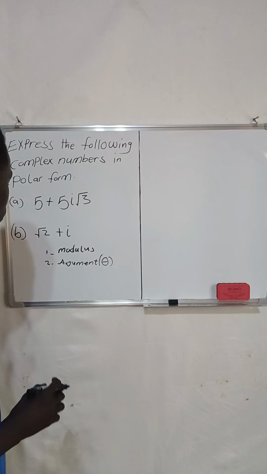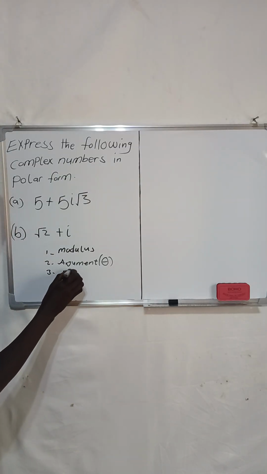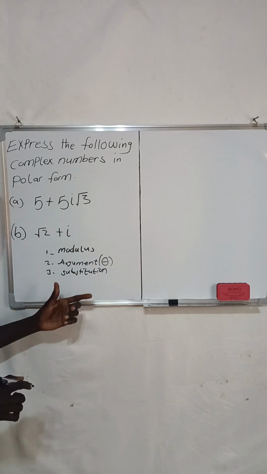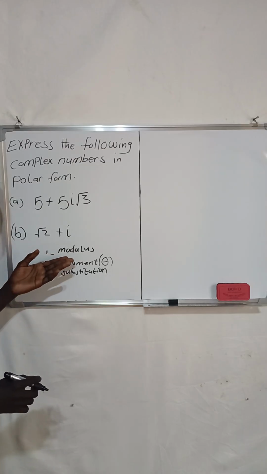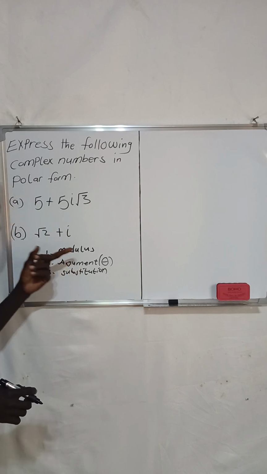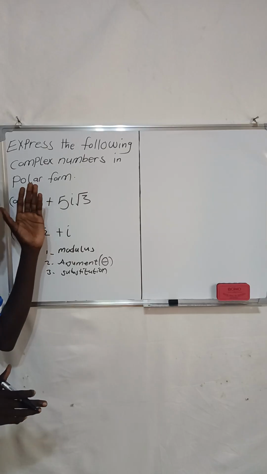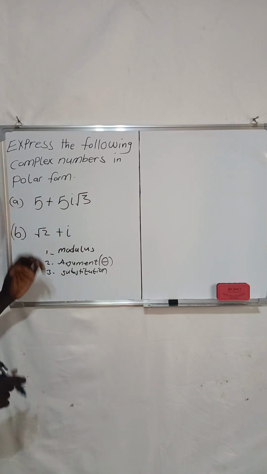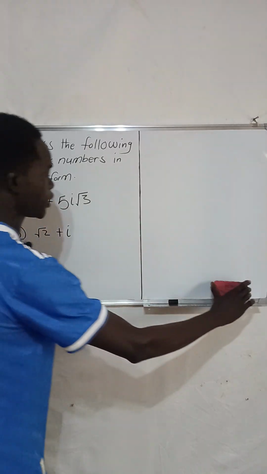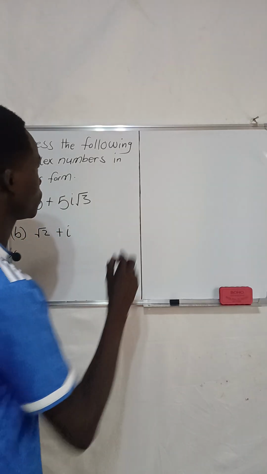Number three is just substitution. You substitute the modulus and the argument into the formula of the polar form. These are the three steps to follow whenever you are dealing with a polar form. Now let us start solving number one.